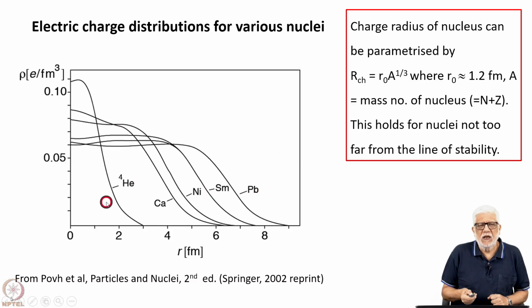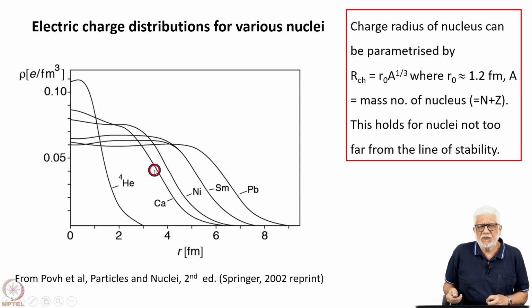If you plot the electric charge density in units of electronic charge per Fermi cubed, this peaks at r equal to 0 and then falls off. As you go to heavier and heavier nuclei, the place where it falls off to half of its roughly saturation value of the charge density slowly increases.